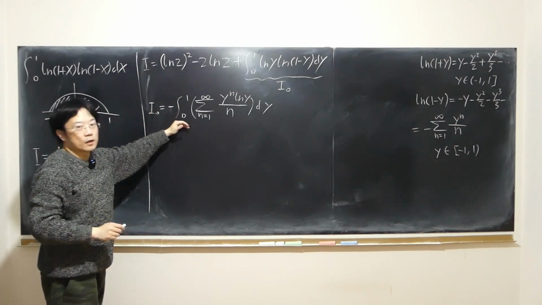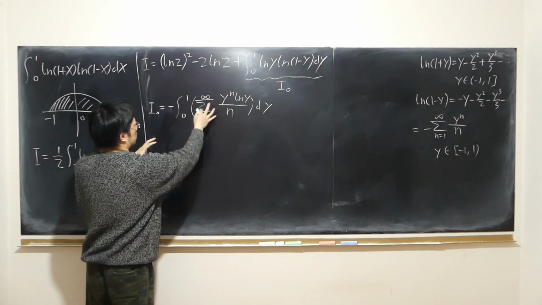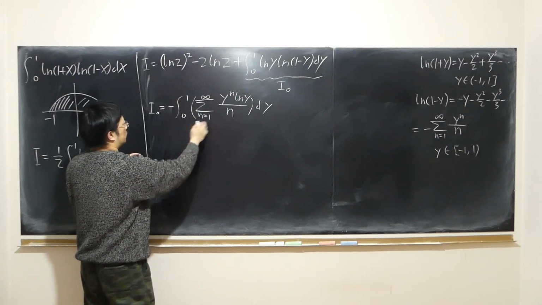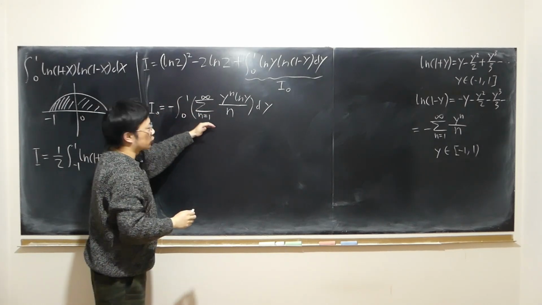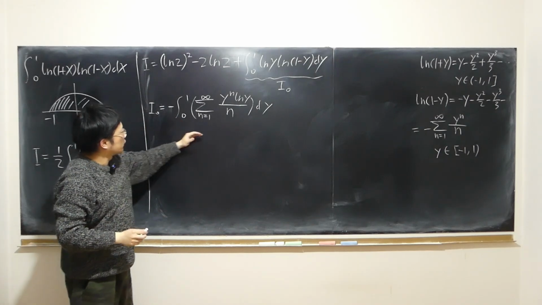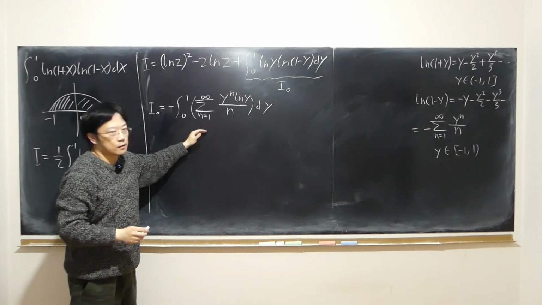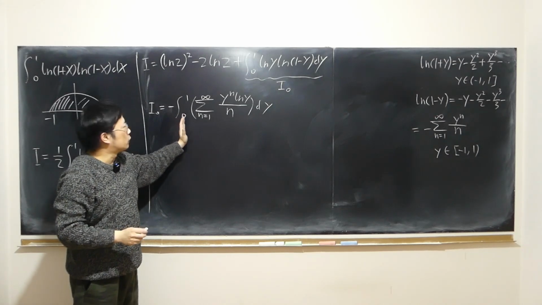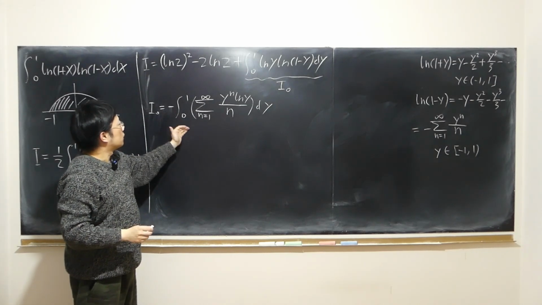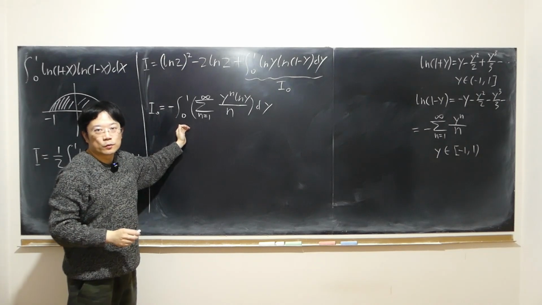Now the question becomes, can we switch the order of infinite sum and integration? Long story short, it is perfectly legal in this case. It has something to do with the uniform convergence of the improper integral.